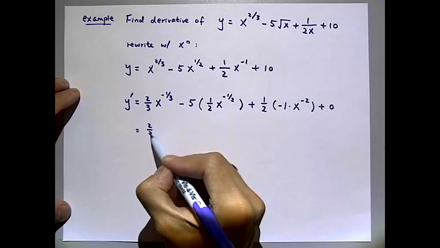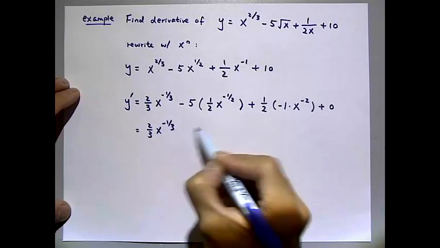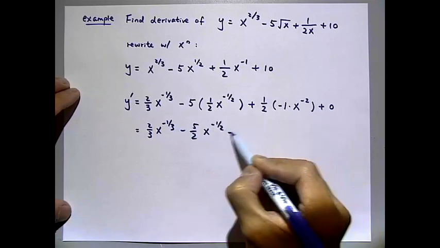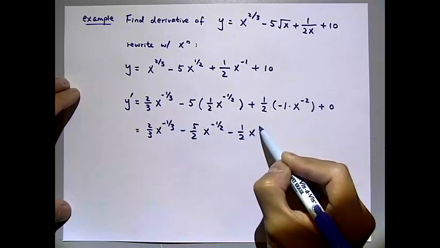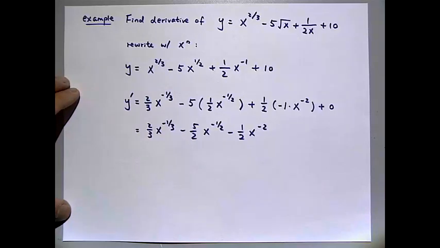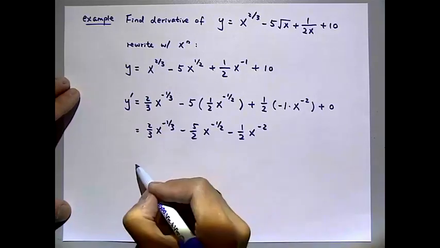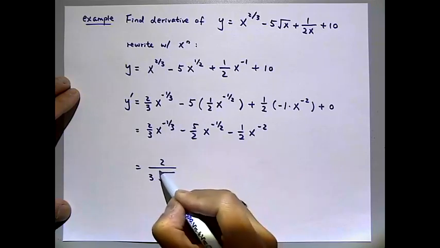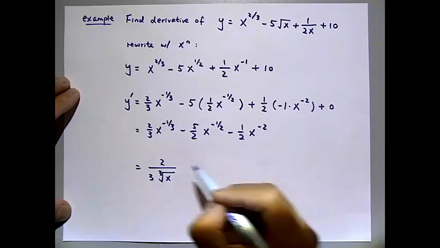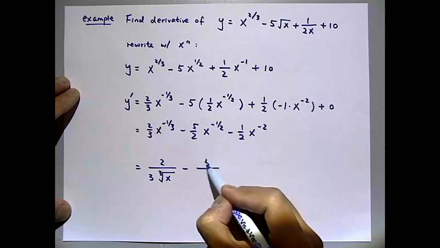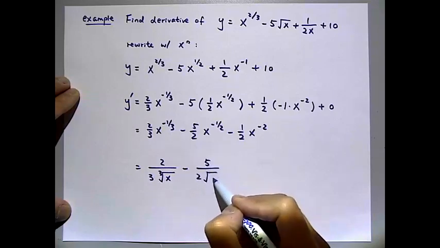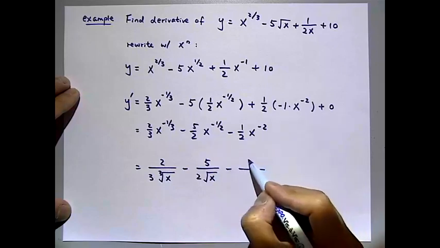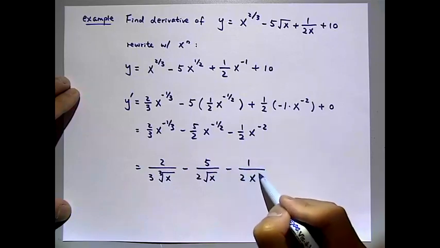This is 2 over 3, x to the minus 1/3, minus 5 over 2, x to the minus 1/2, minus 1/2, x to the negative 2. This is perfectly fine, but you could also write this as 2 over 3, cube root of x downstairs, minus 5 over 2 over radical x, minus 1 over 2 with the x squared downstairs.